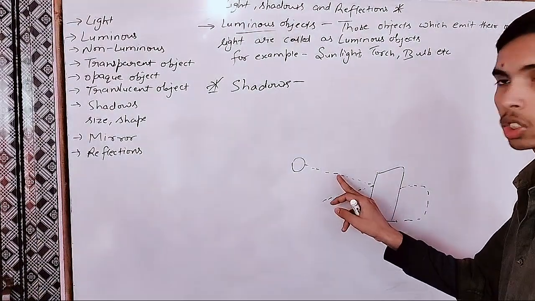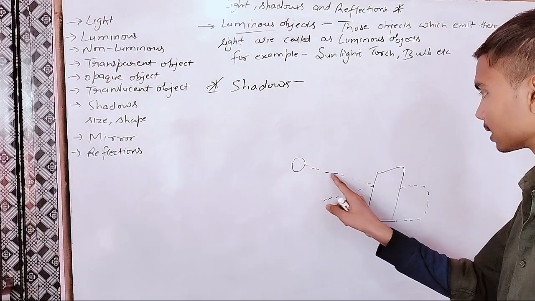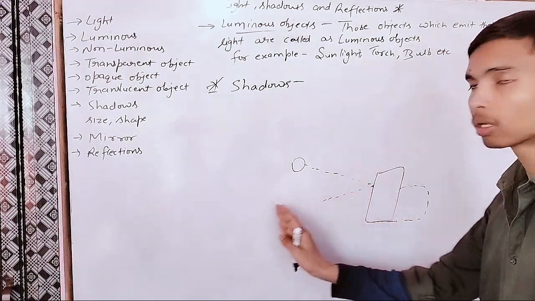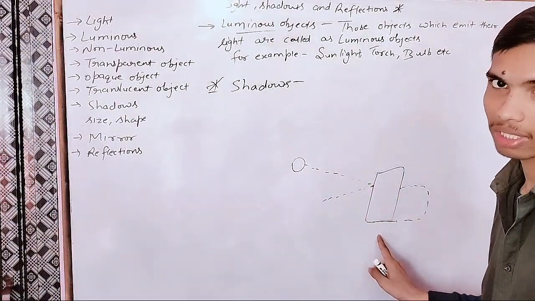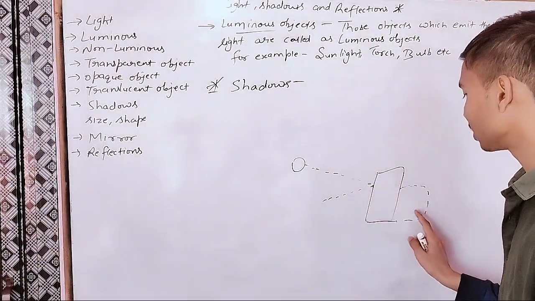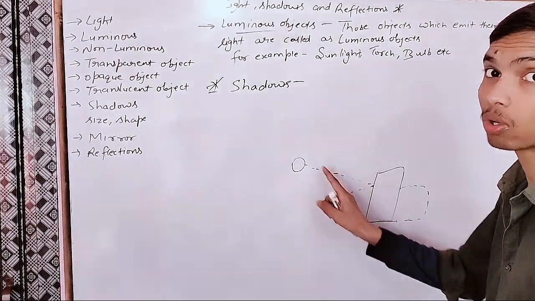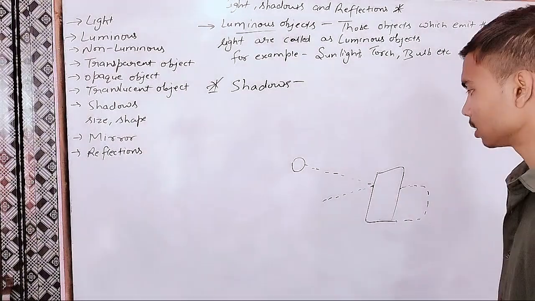Let's suppose this is a transparent object. Now this coming light falls on its surface. It would not turn into another direction; rather, it will pass through this transparent object. That's why we can't see the formation of a shadow of a transparent object, because the light is passing through the object.